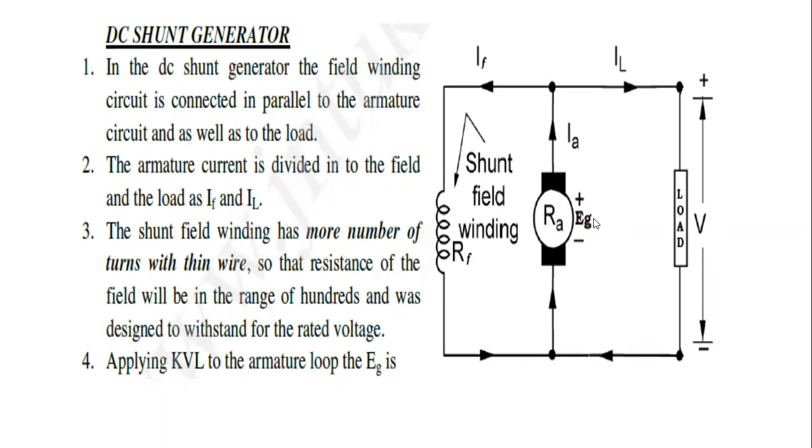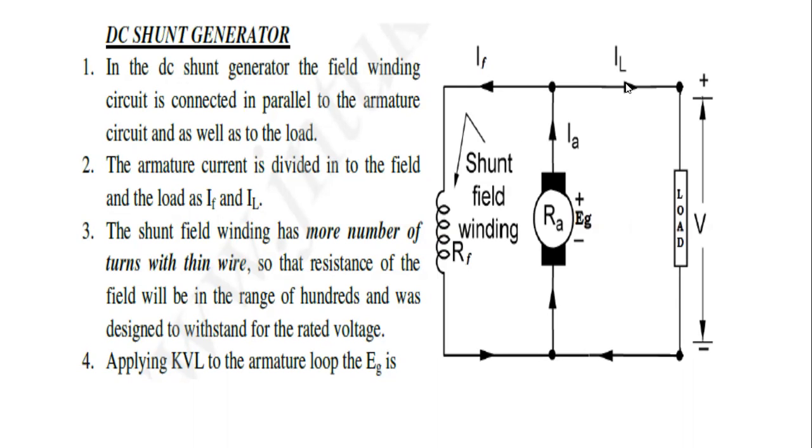That is EG. Due to that EMF, EG, the armature current is produced, that is IA current. At this point, we have two directions: one is the direction for the field winding and the other is the direction for the load. Then this armature current is divided into IL and IF.